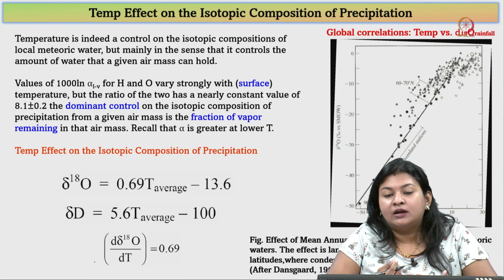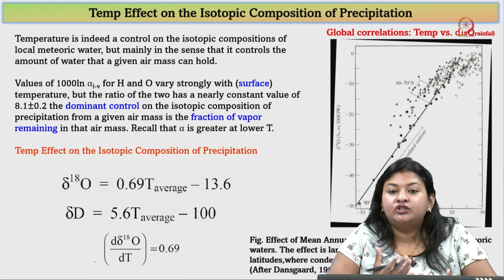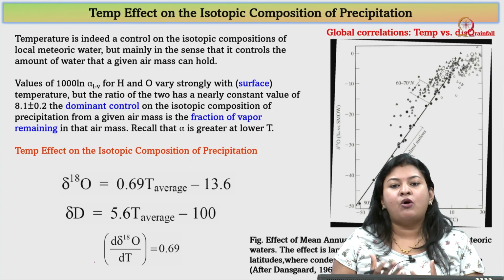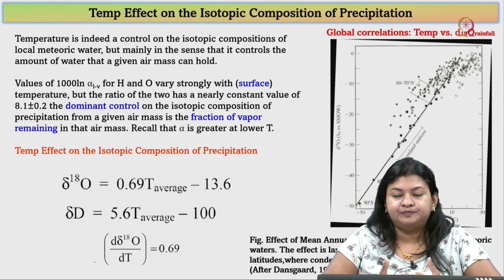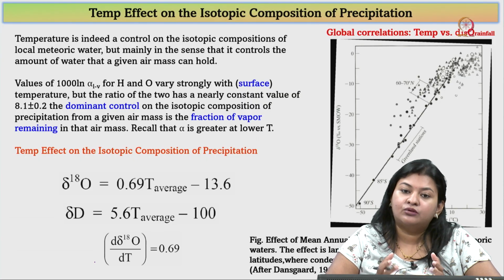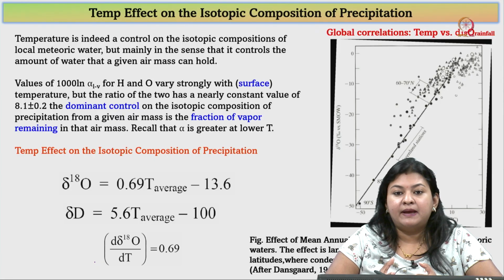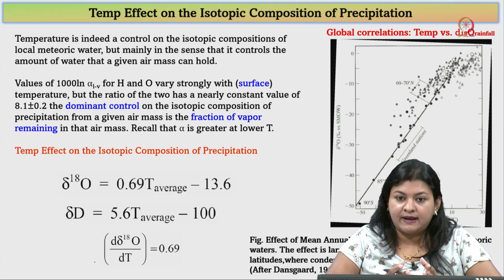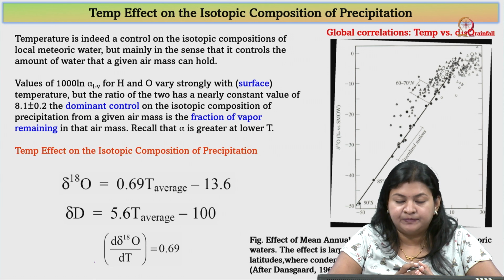That will decide how much moisture that particular air mass can hold. If you are staying in a very hot, arid, dry region, the air mass can go on holding a lot of moisture as compared to a very cold, dense, heavy air, which beyond a certain point will not be able to hold the moisture and will therefore start precipitation.